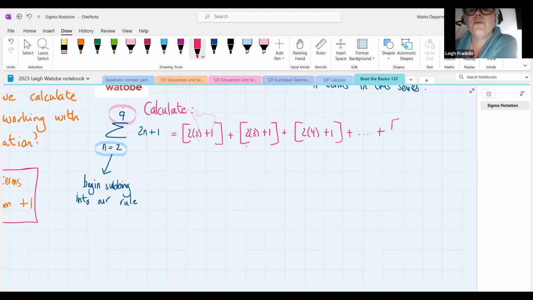The last term of the pattern would be 2 times 9 plus 1. So we always begin by subbing in. The first one was 5, the next one was 7, then 9, and the very last term in the pattern is going to be the number 19.